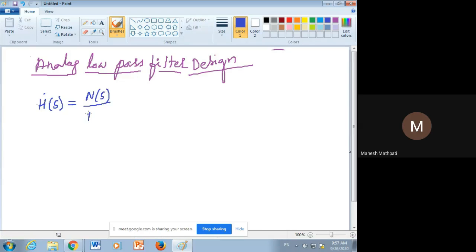N of s divided by D of s, that is the numerator function divided by the denominator function.